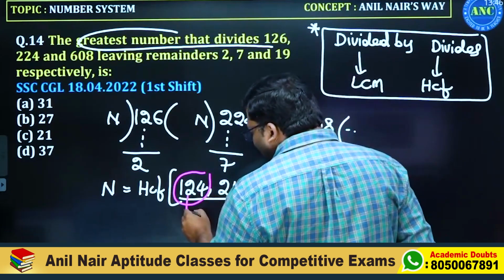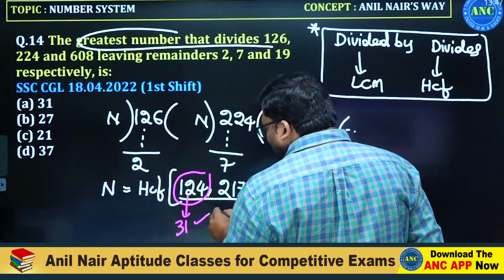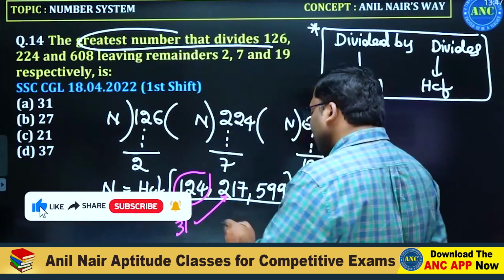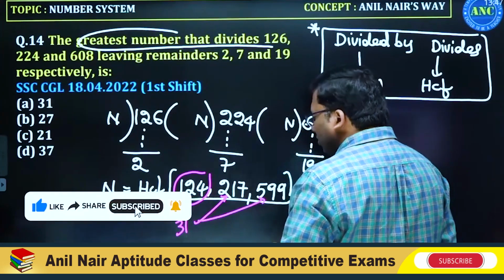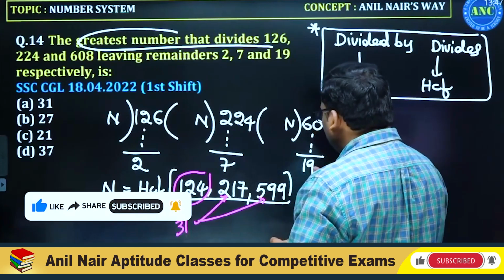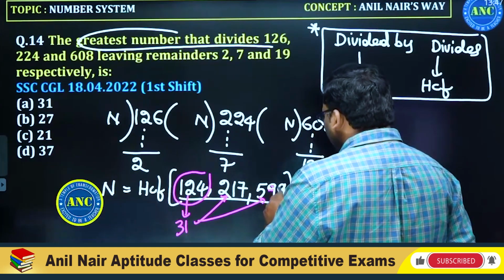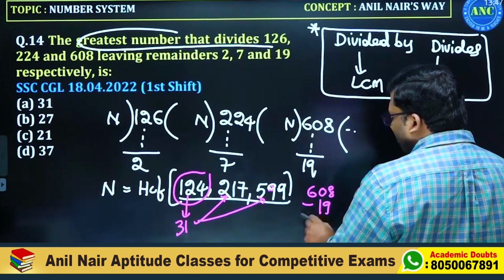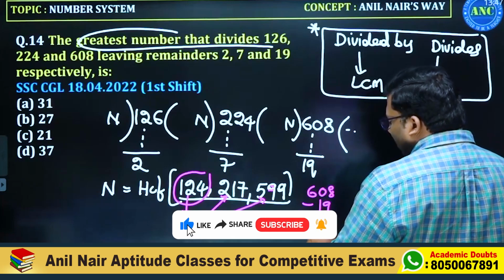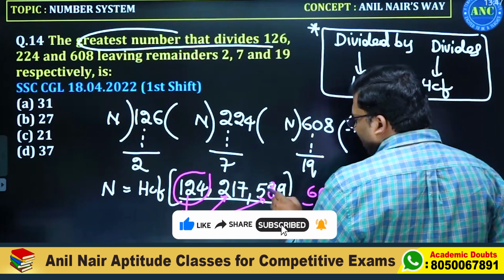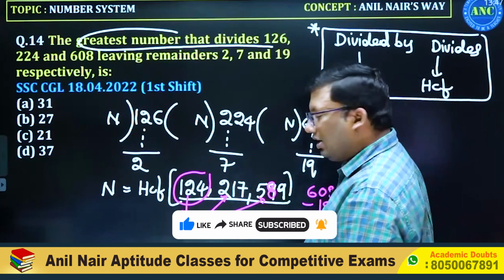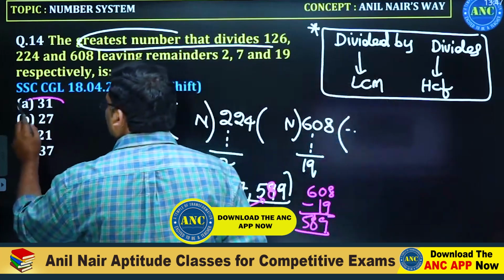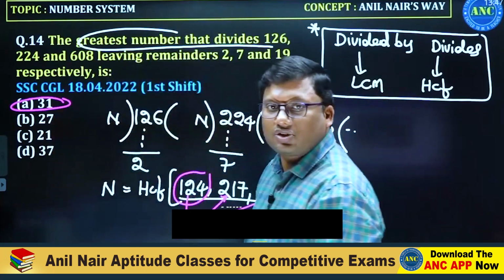Take the factor of 124, 31. 31 7s are 217. 608 minus 19 is 589, 31 19s are 589. So 31 will divide every other number, and the answer for this question is 31.